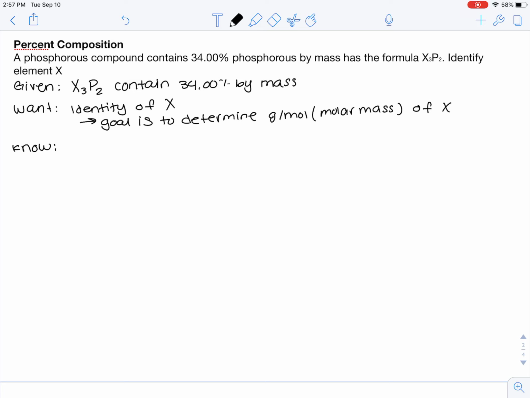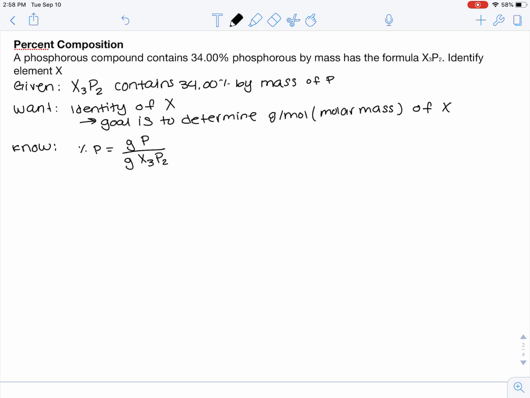So the 34% by mass of phosphorus in the compound means that percent phosphorus was found by taking the mass of phosphorus over the mass of the compound.